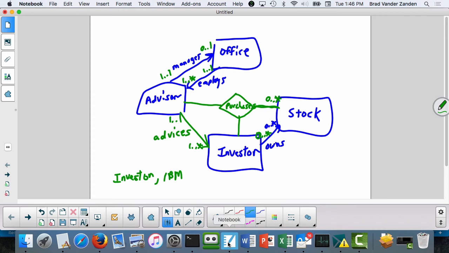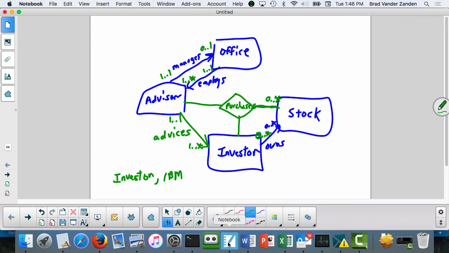Well, each purchase, at least to me, seems like an individual transaction, which means that for each transaction, you are going to have exactly one advisor and one investor involved.